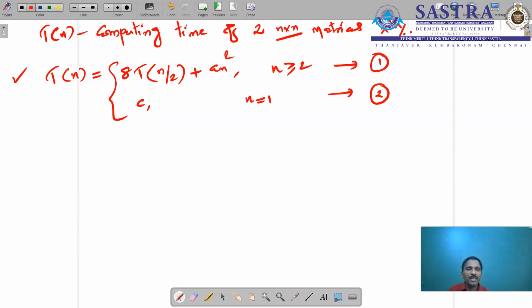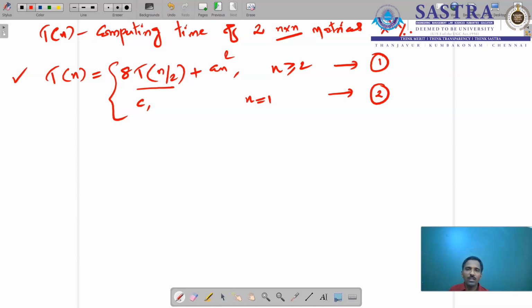Clearly the function name T is available on the right hand side of the equation, here T, here also T. So the function calls itself as a recursion. The recurrence relation is defined. Matrix multiplication computational time is recursively defined as 8 into T of n by 2, and the 2 n by n matrices are added with computational complexity of theta of n square.